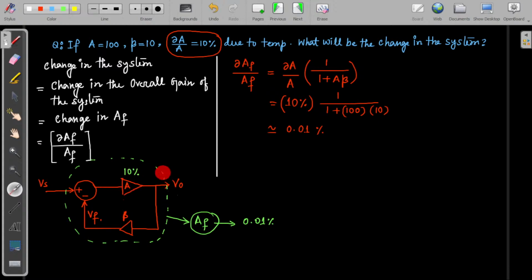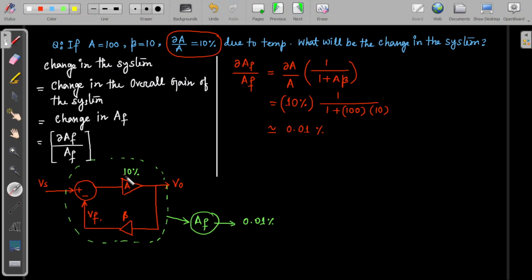So due to the temperature change, the gain of the basic amplifier has been changed by 10%. Then the effect of this change will be nullified or minimized by this feedback path. So due to the negative feedback path, the overall gain is not affected by the same amount as it is affecting the basic gain.